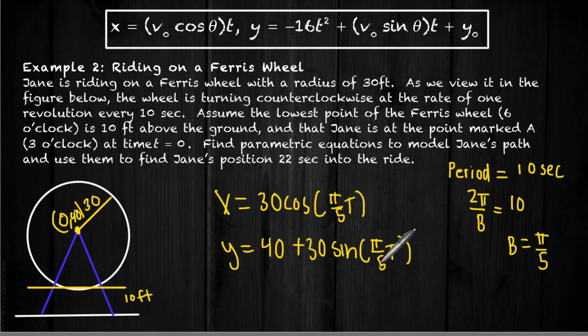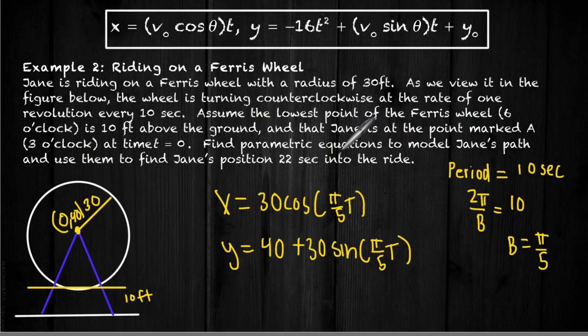Now I want you to notice something here. In these problems, the angle pi over 5 is with the t, and in the other problem that we did, the t was outside the parentheses. So please make sure you pay attention to that.